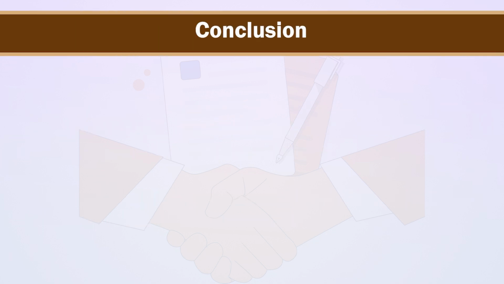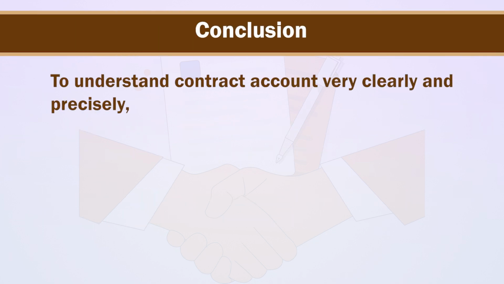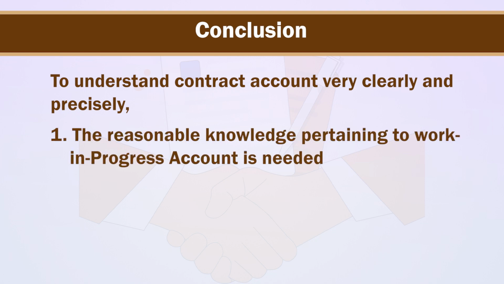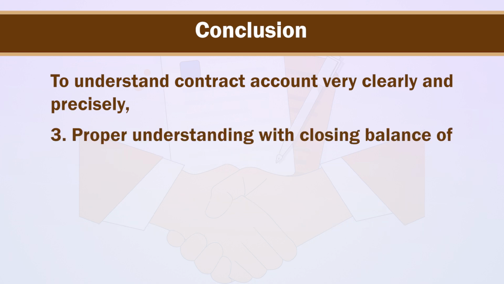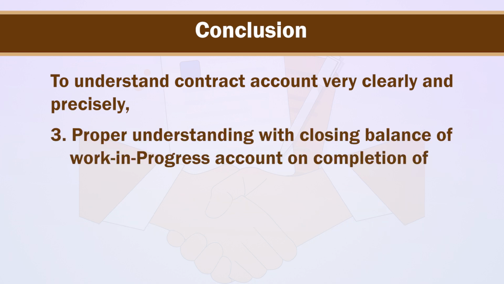Let's conclude the session. To understand contract account very clearly and precisely, number 1, the reasonable knowledge pertaining to work in progress account is needed. Number 2, process to carry forward work in progress account in the next year, for this clarity is needed. Number 3, proper understanding with closing balance of work in progress account on completion of contract is needed.